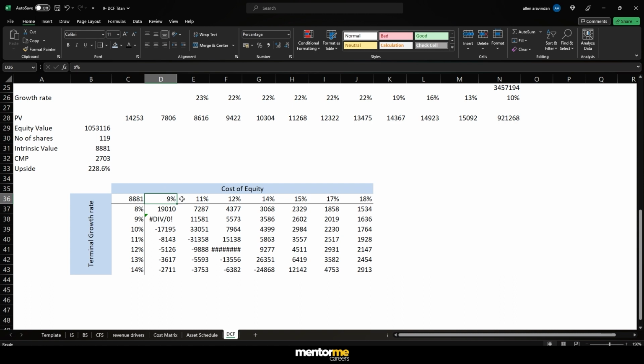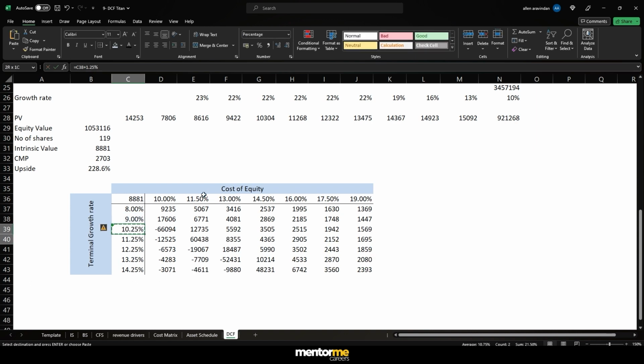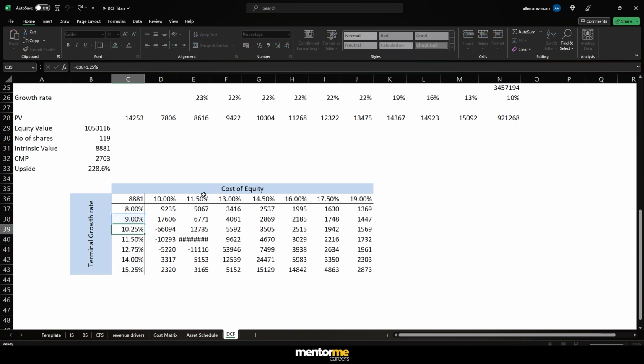So that's the reason why you need to make sure that the way you structure the table, your cost of equity is higher than your terminal growth rate, right? Otherwise the values will not make sense. So if you can see here, 10% and 10% doesn't make sense, right? So that's the reason why I was making the changes, so that it does not give us any negative values.